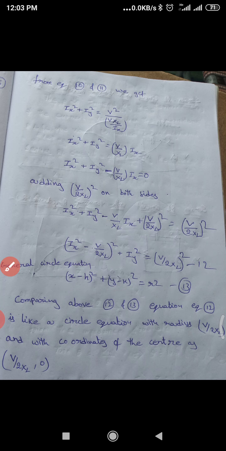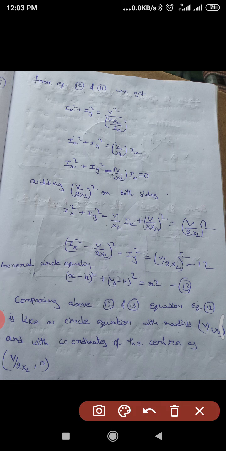That means we are directly proving that the path traced by the RL series circuit is a semicircle shape.